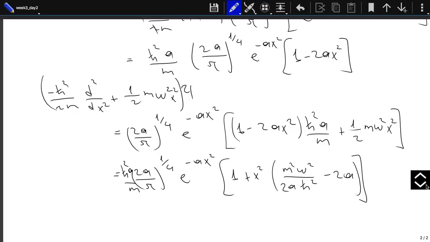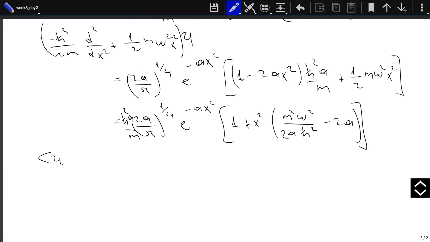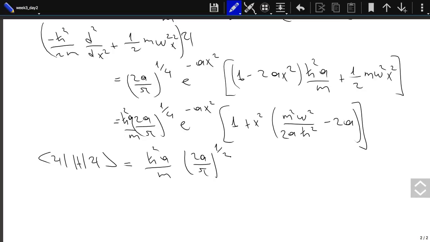Yes. Now we can go ahead and calculate the matrix element of the Hamiltonian. This is equal to h bar squared a over m, 2a over pi raised to the power 1/2 times the integral dx over x from minus infinity to infinity, e to the power minus 2ax, and this parenthesis.